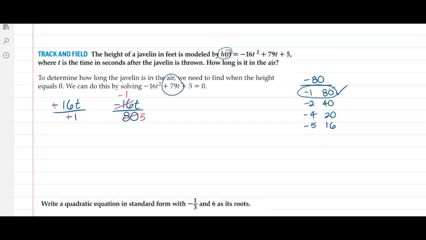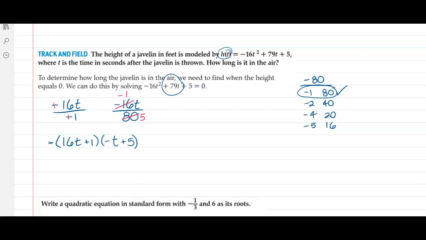over 5. So my factors become 16t plus 1, negative 1t plus 5. And if you FOIL it or box it, you will see that you get right back to negative 16t squared plus 79t plus 5.